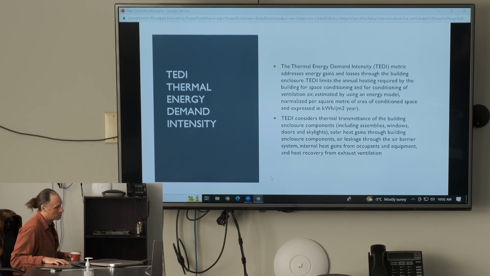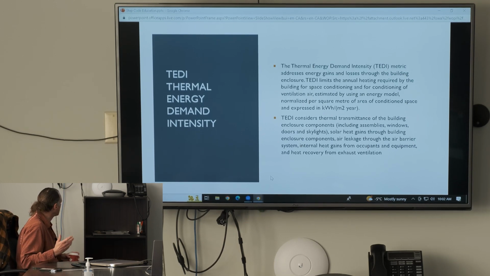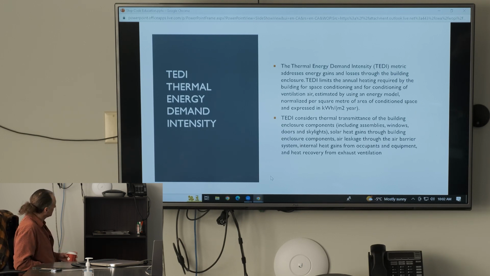So now you have TEDI, which is your thermal energy demand intensity. So it addresses energy gains and losses through the building enclosure. TEDI limits the annual heating required by a building for space conditioning and for conditioning of ventilation air, estimated by using an energy model, normalized per square meter area of conditioned space.